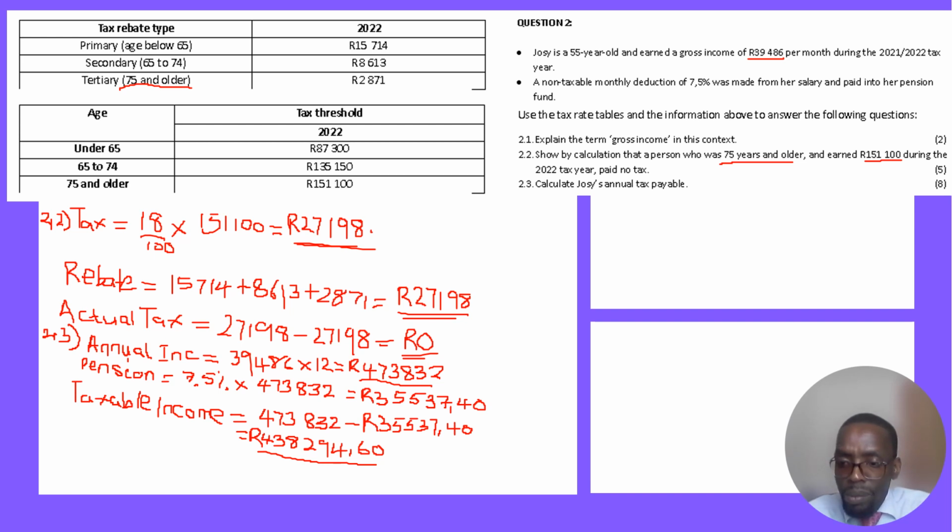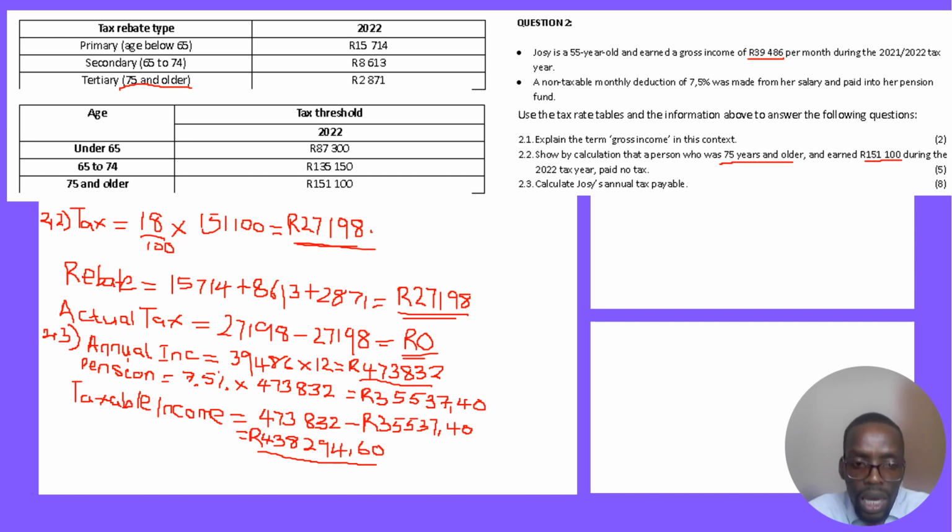Now from that taxable income, you check which bracket it fits into. If you go through your tax bracket like the previous one that we had a few moments ago, you will find that this amount of income is going to fit in the third bracket.